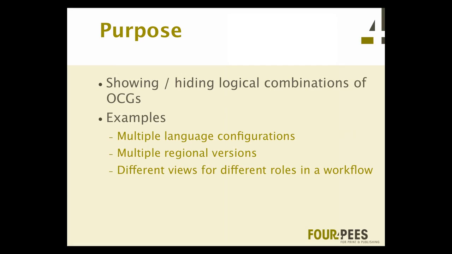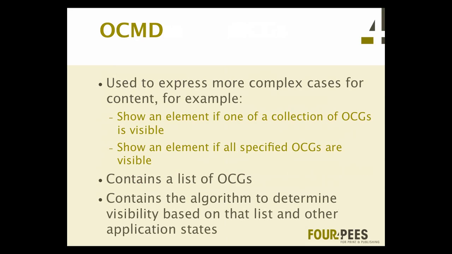And depending on who's looking at the file, they might want to look at the French version or the English version or the German or the Dutch or whatever. So there are definitely very good use cases of that combination of OCGs and then OCCDs to make those logical groupings. And then we have OCMD, Optional Content Membership Dictionary.